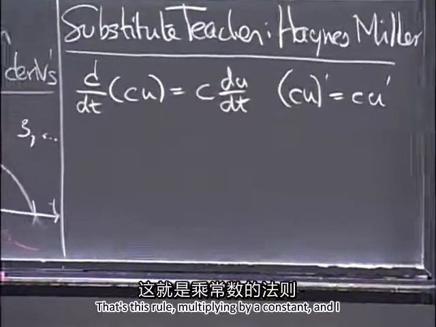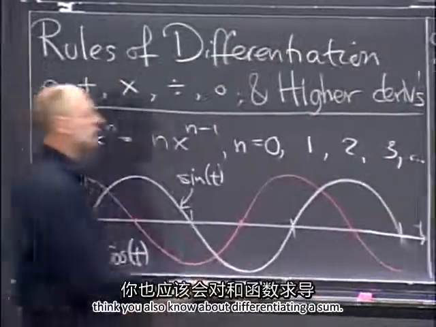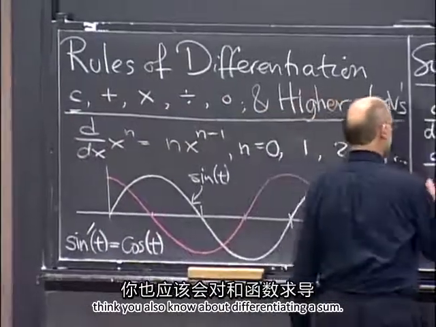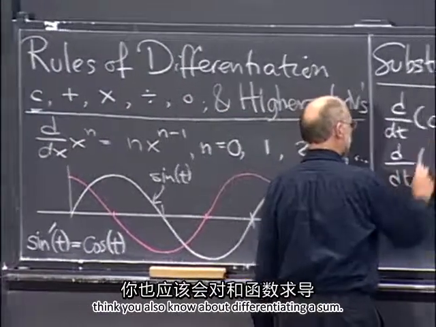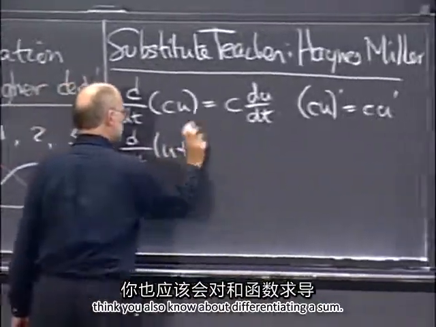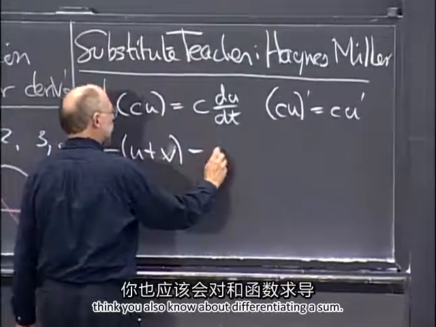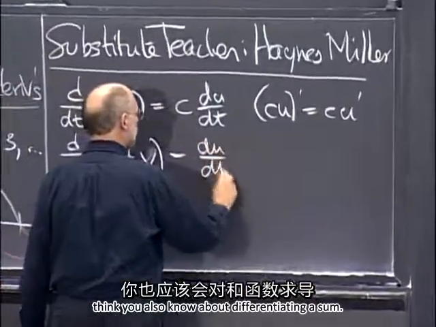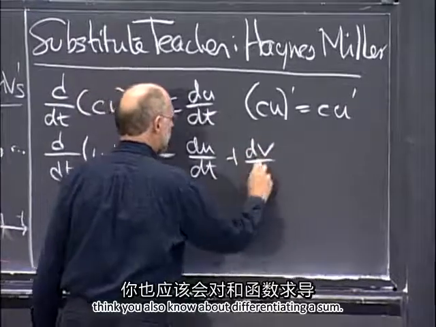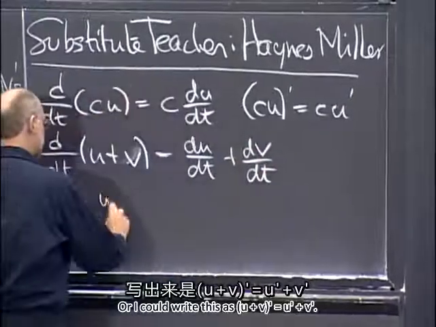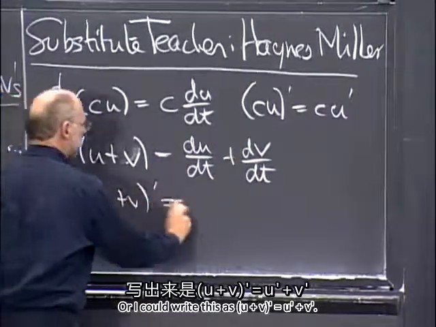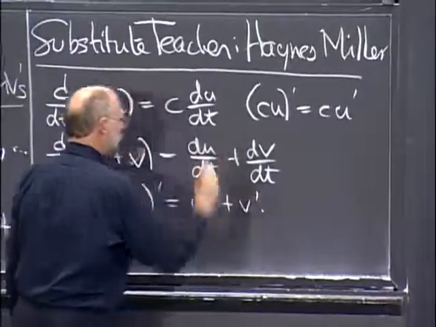That's this rule, multiplying by a constant. And I think you also know about differentiating a sum. Or I could write this as (u plus v) prime is u prime plus v prime.